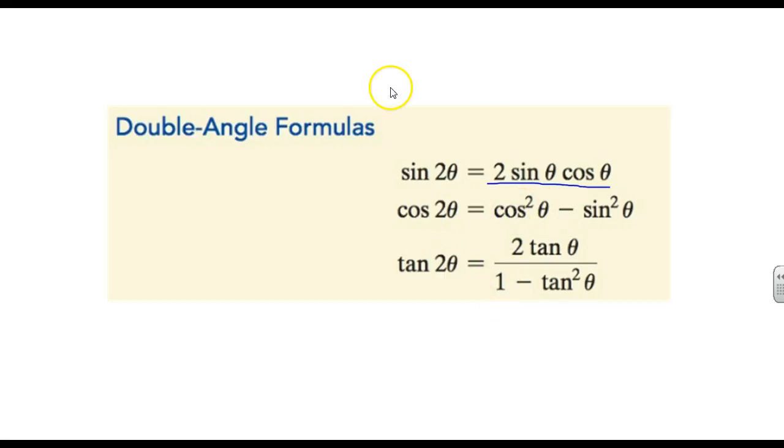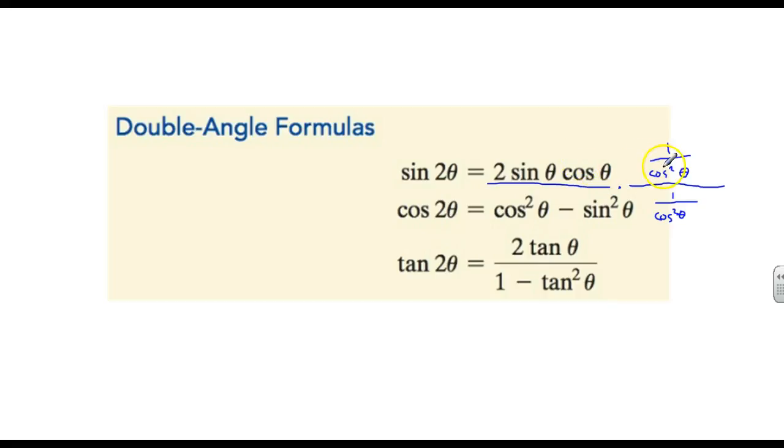If I multiply top and bottom by 1 over cosine squared theta, as long as I do the same thing at the top and bottom, it's legitimate. What's going to happen is, down here on the bottom, cosine squared times 1 over cosine squared is 1. Sine squared times 1 over cosine squared puts the cosine squared below the sine. That gives me tangent squared.